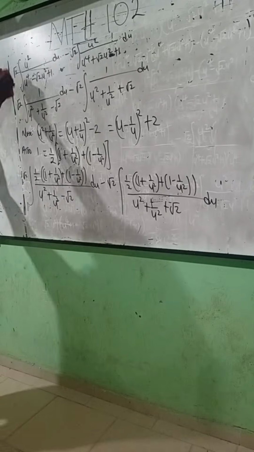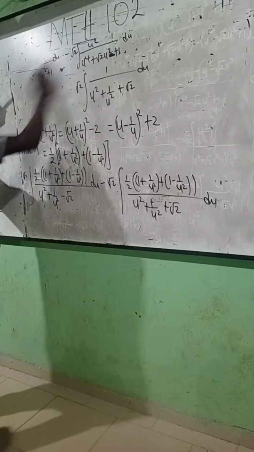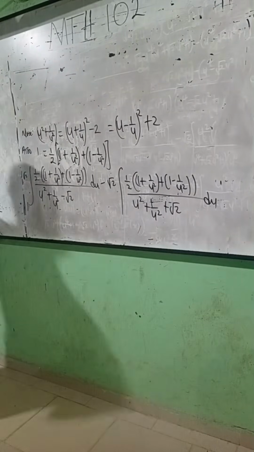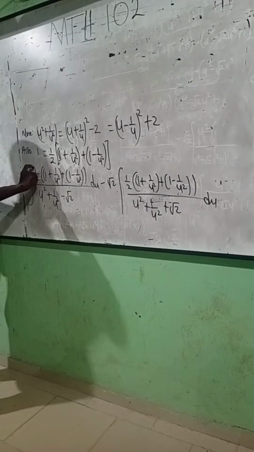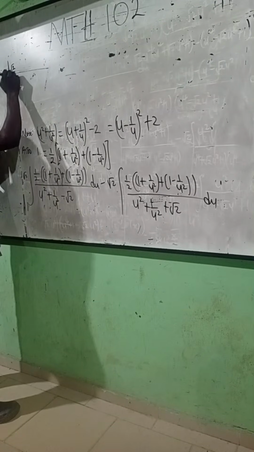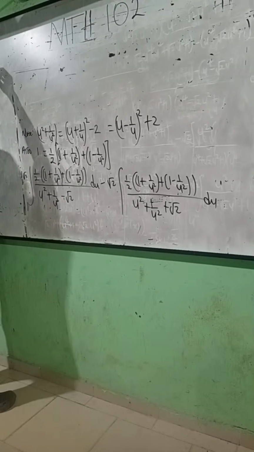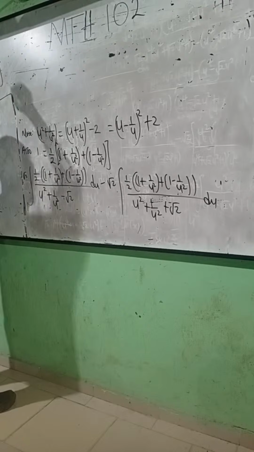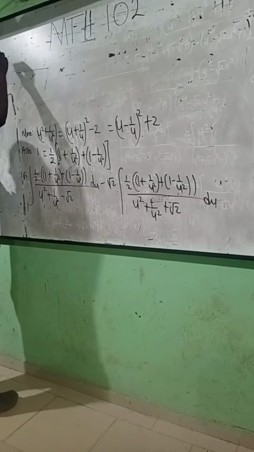So here we have this 1 over 2 is multiplying everything, so the constant can come out. We have root 2 over 2 integral. We pick only this.